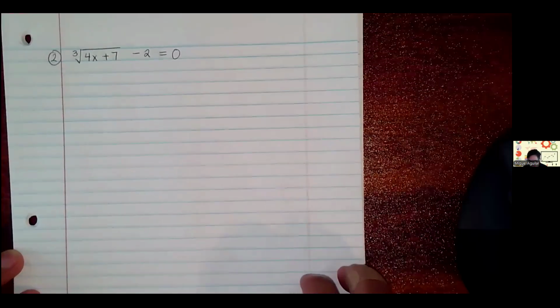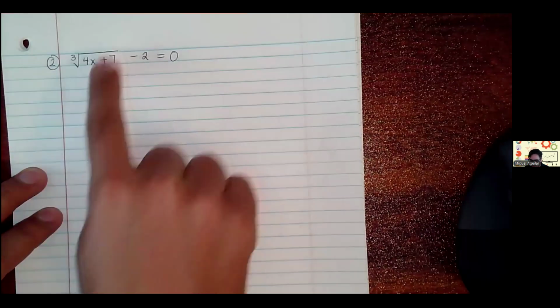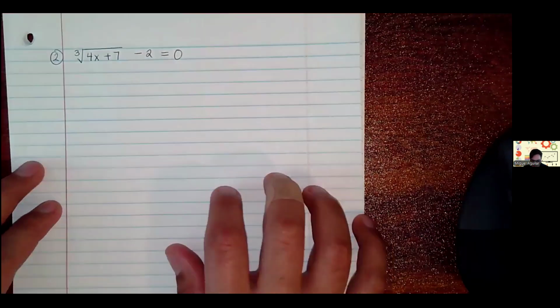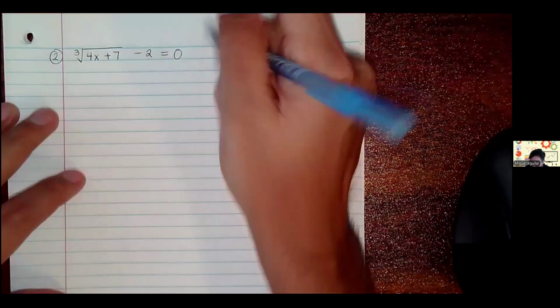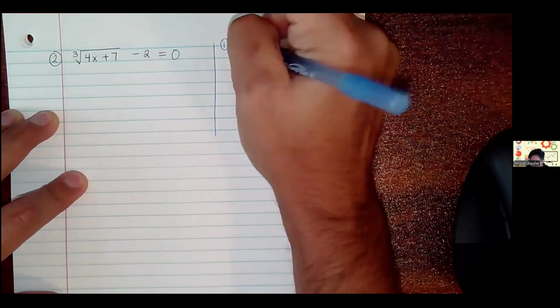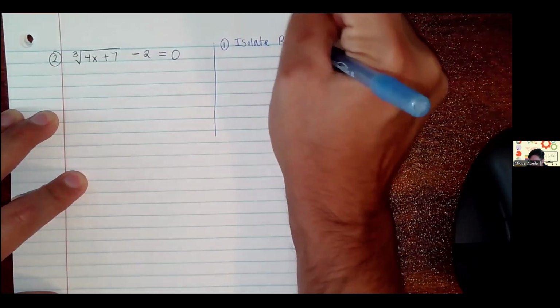Okay, in this problem, we see that we're dealing with the cube root of 4x plus 7 minus 2 equals 0. And we want to approach this one just as carefully as we did the last. What we're going to do here is go ahead and list some of our steps. So the first step that we want to take is always to isolate the radical expression.